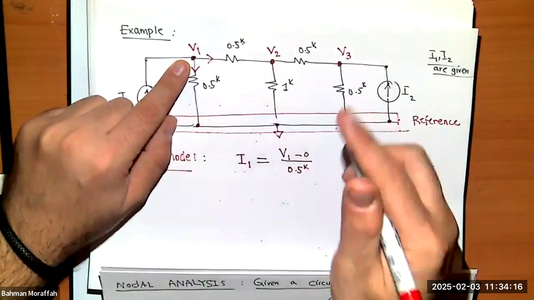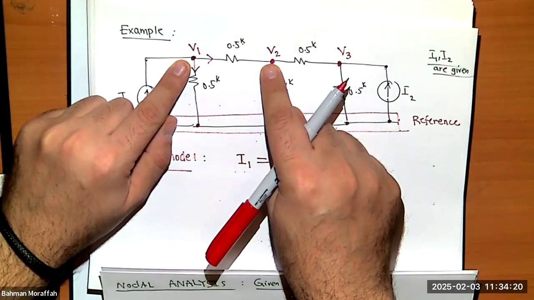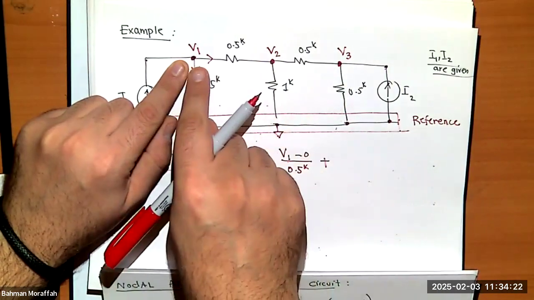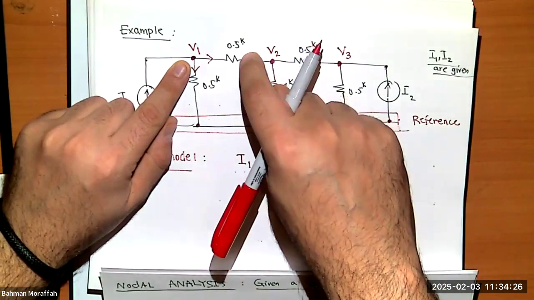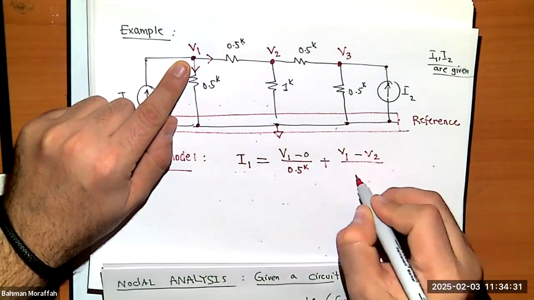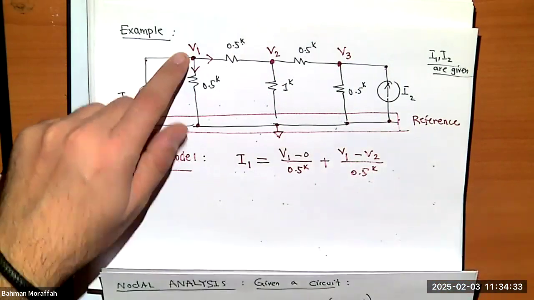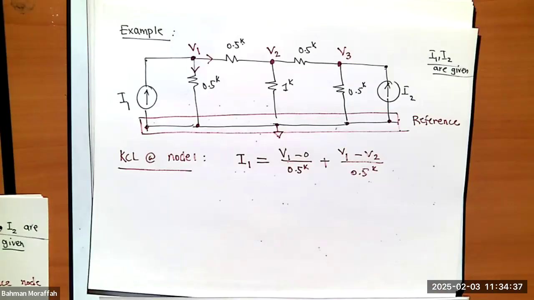What is the current here? It's V1 minus V2 divided by 0.5, right? Well, this is simple. I can just simplify it.